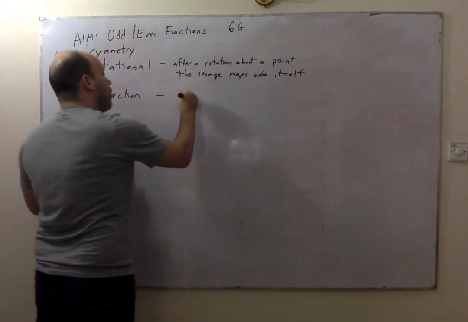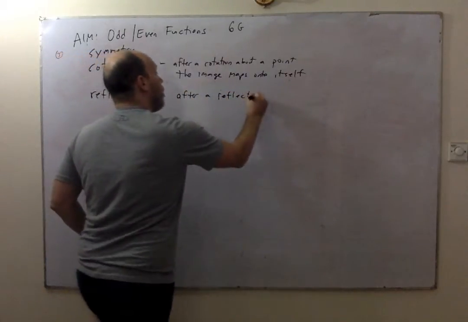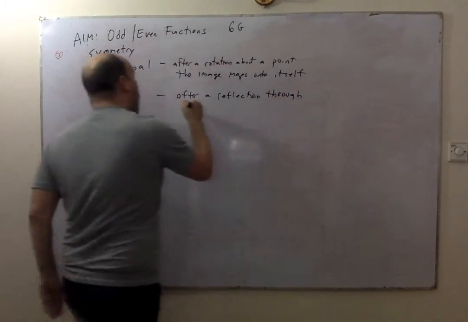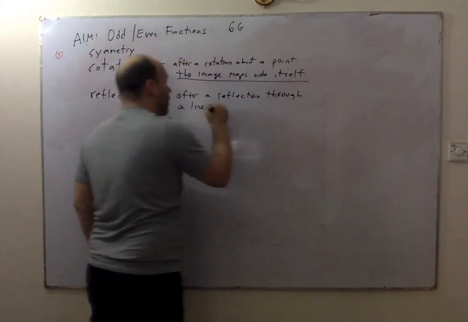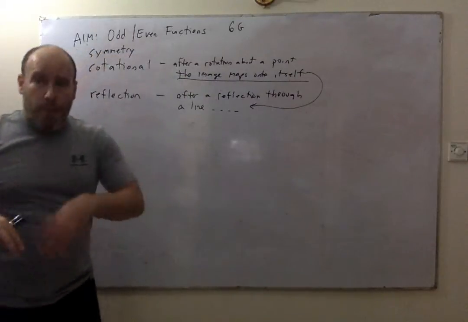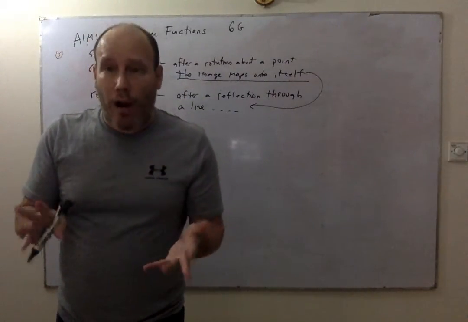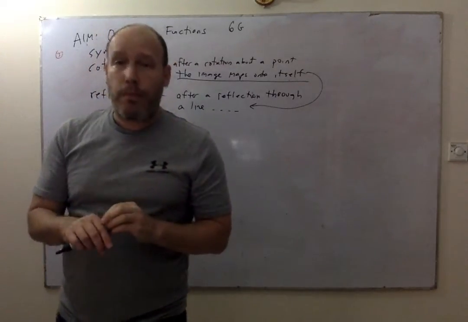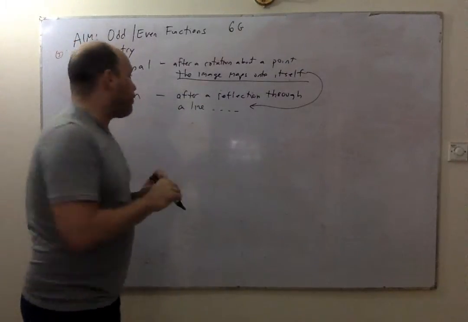So after a reflection through a line, the image maps onto itself. A perfect example is a parabola, like y equals x squared. The axis of symmetry is x equals 0, and it's a perfect reflection. Or it's like looking in a mirror.